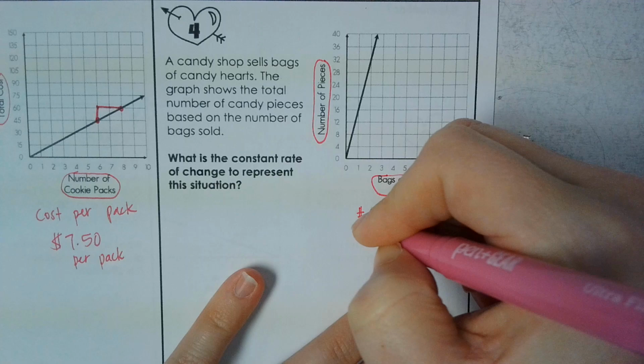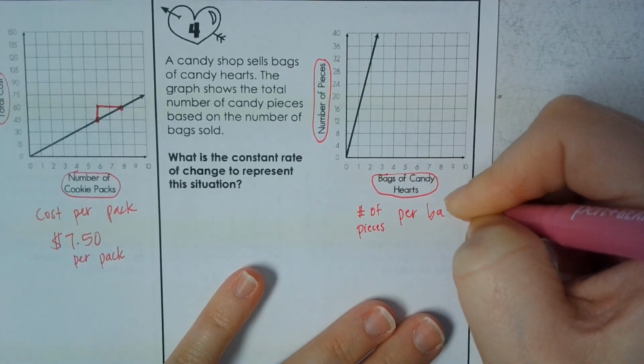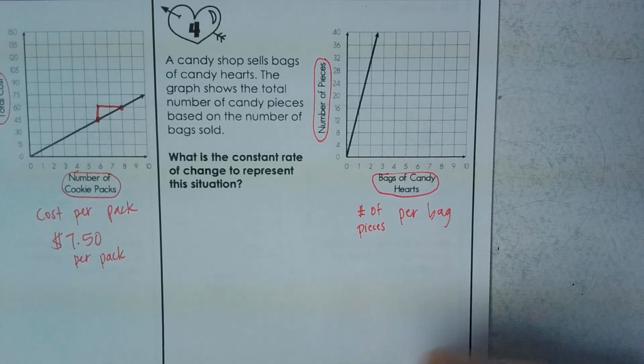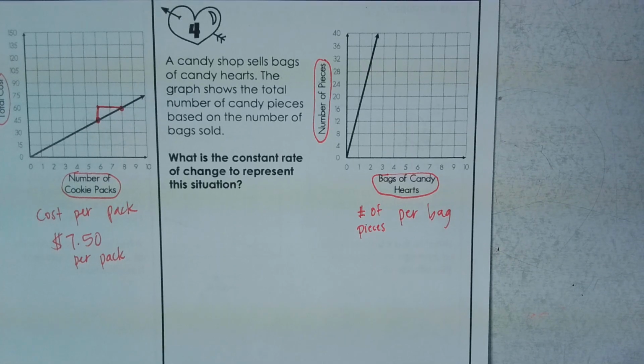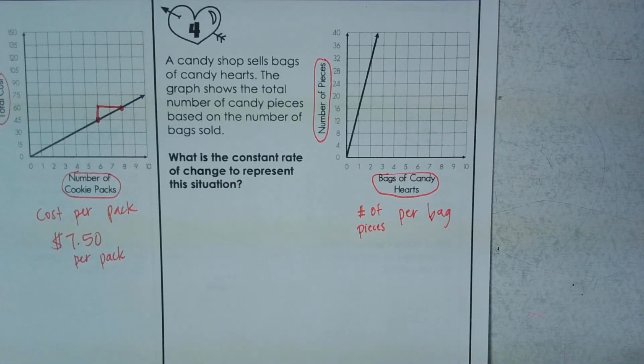Number of pieces per bag is what we are calculating. Instead of doing the cost, we're doing the number of pieces per bag. And once again, can you look and find the unit rate on the graph? Can you see how many pieces are in one bag?